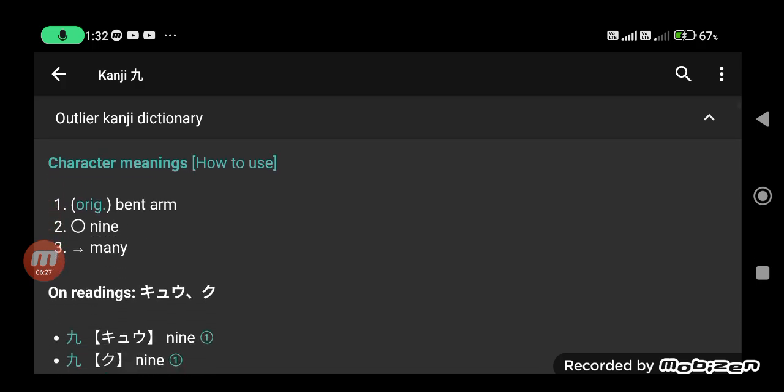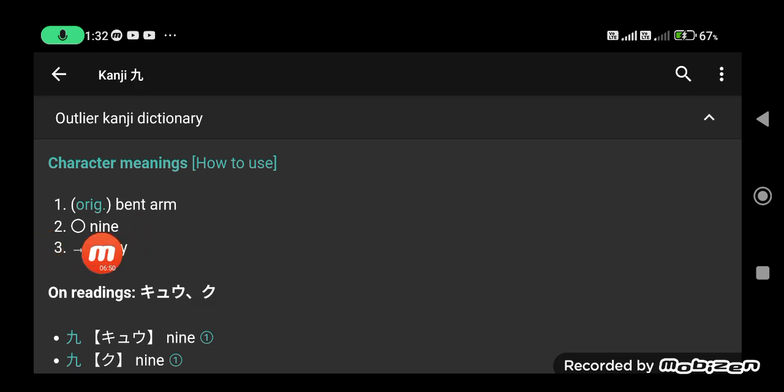Okay, so the original meaning is the meaning of a kanji that is most tightly related to the original intention when it was created during the old or ancient Chinese eras.